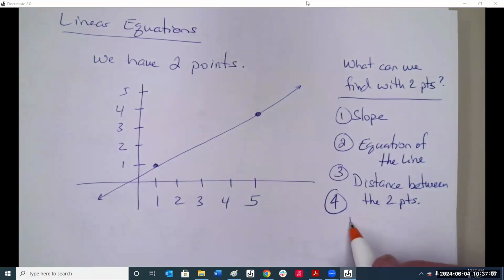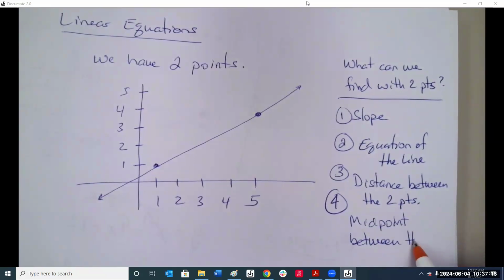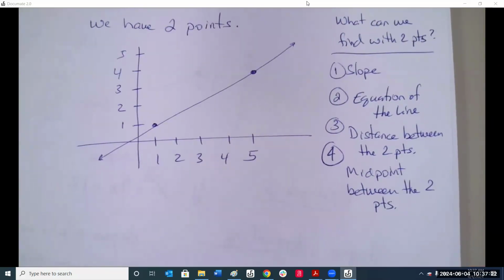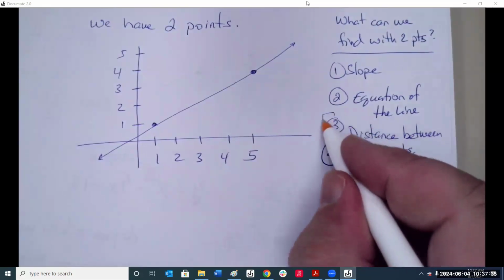And then the last thing, we can find the midpoint between the 2 points. And that's what we're going to do. So the first thing we're going to do is find the distance.